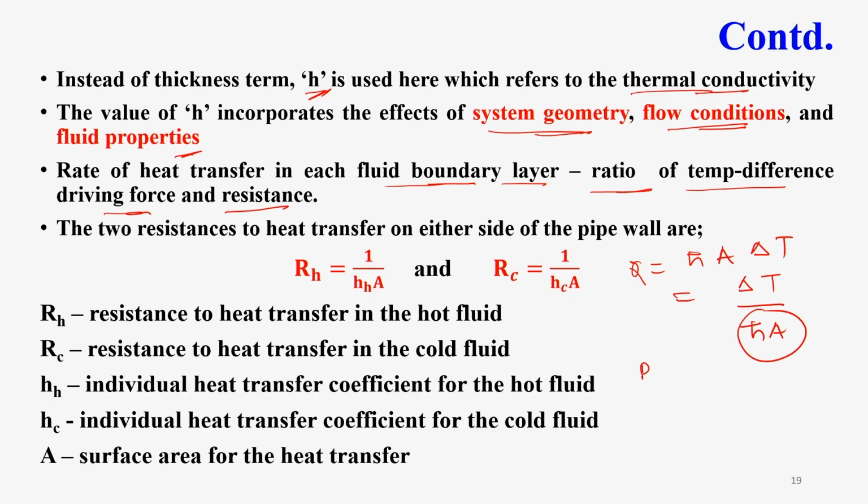So 1 upon hA is the resistance and delta T is the driving force. Now we are going to have two resistances, one is RH for the hot fluid, and the other is RC, which is 1 upon hC into A.